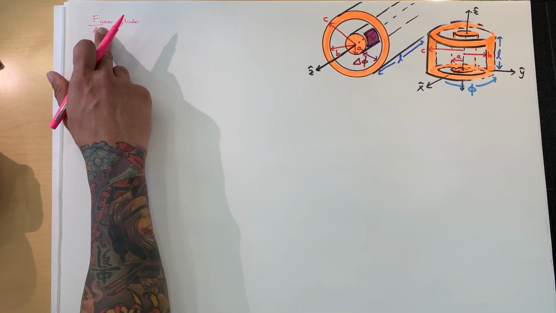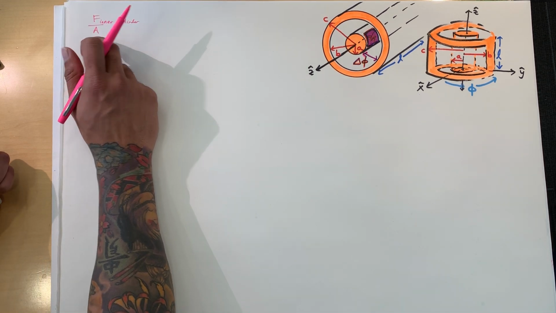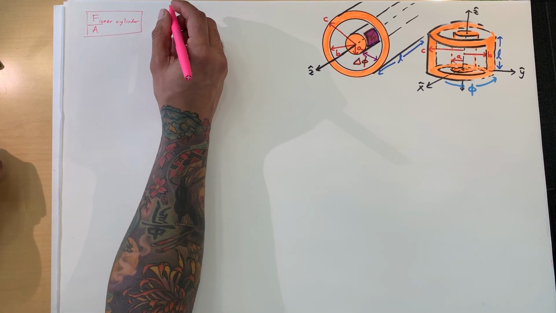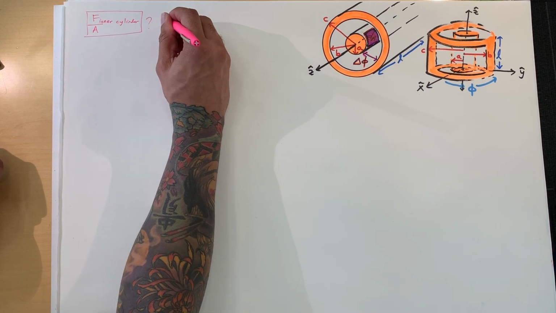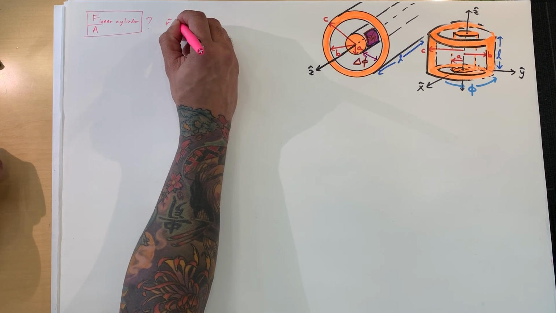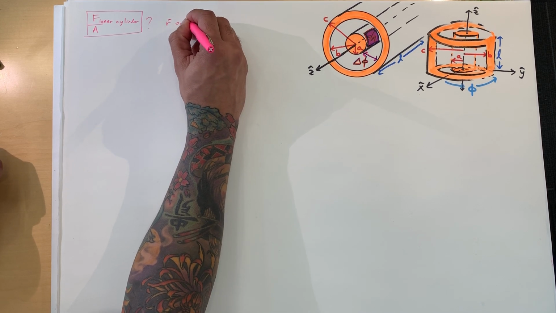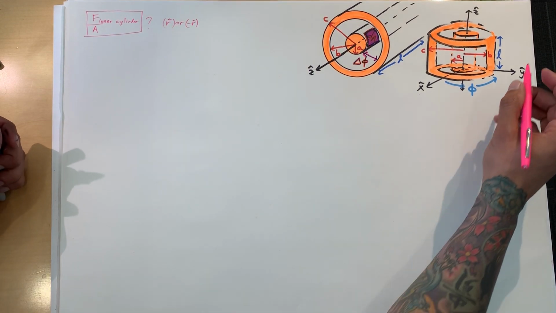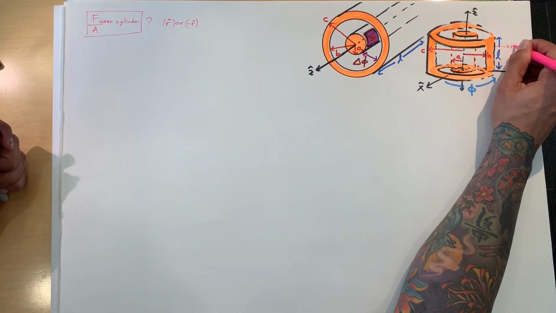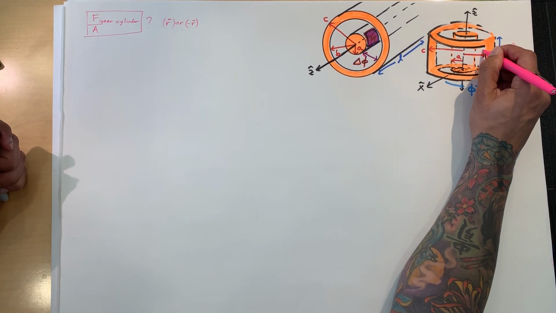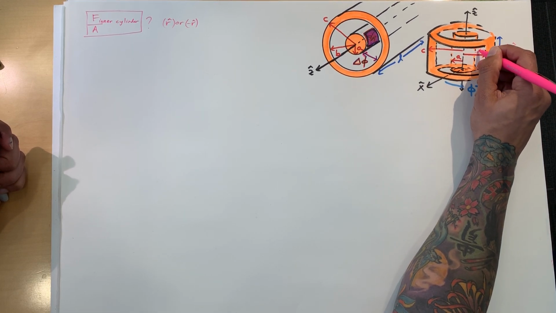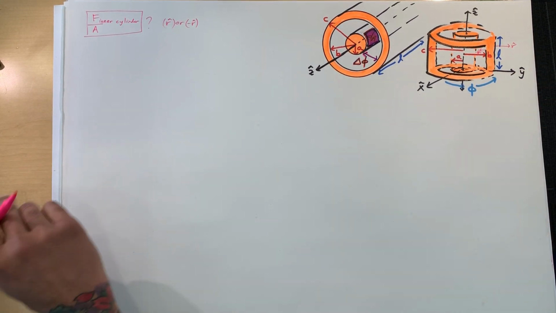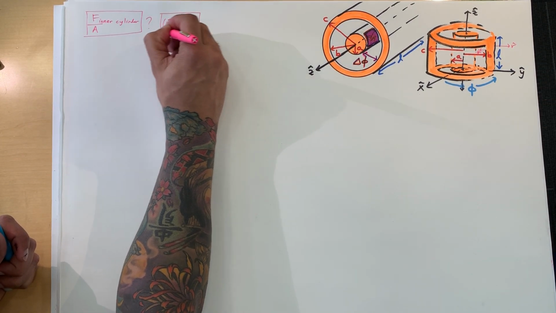Okay, so this is what they're asking for the first part, and then they're asking if it's in the radial direction or the negative radial. So r is going outward like this, and negative r is going inward like this. Okay. All right, so this is what they're also asking.